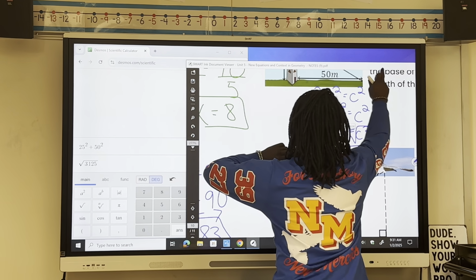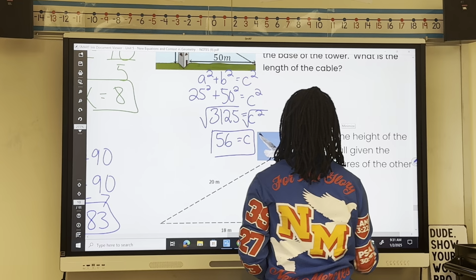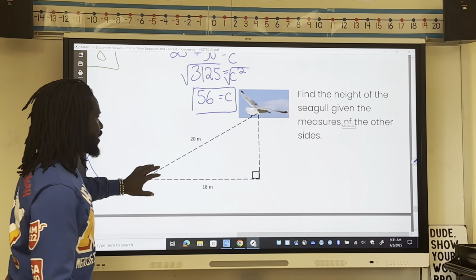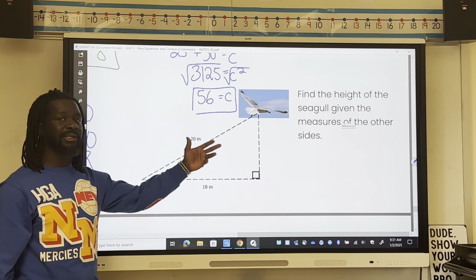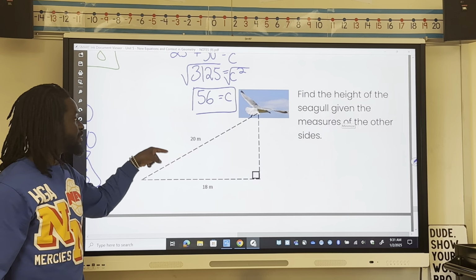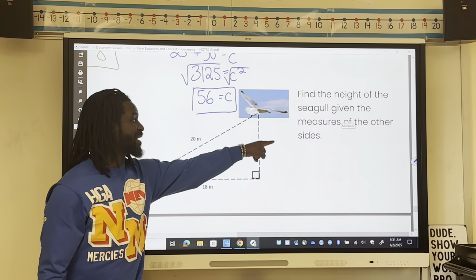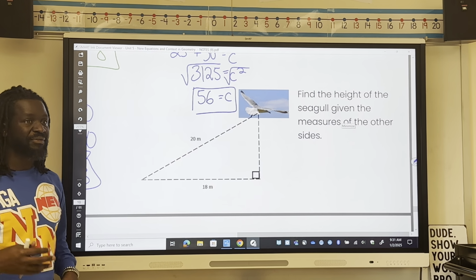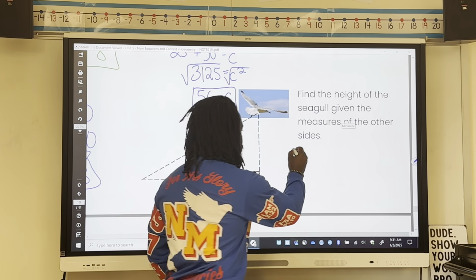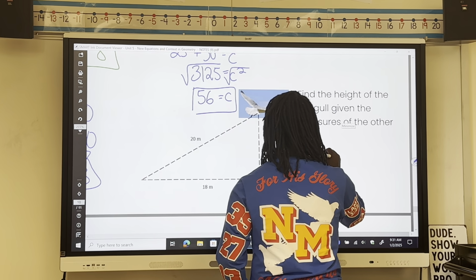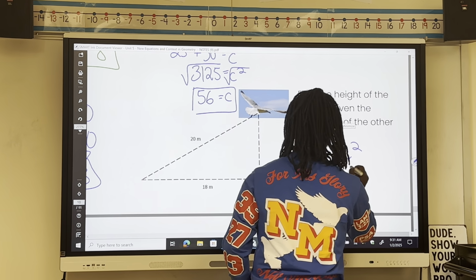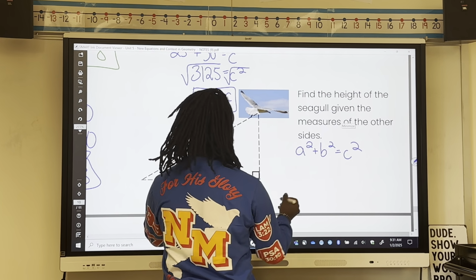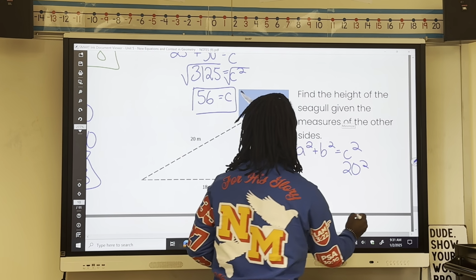All right, in this last one, this was a little different because this time I am given the hypotenuse and I'm looking for one of the legs. So for this one, it is A squared plus B squared equals C squared. This time, the 20 is the C squared.